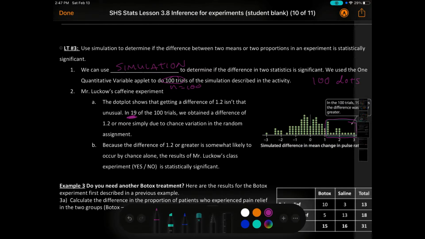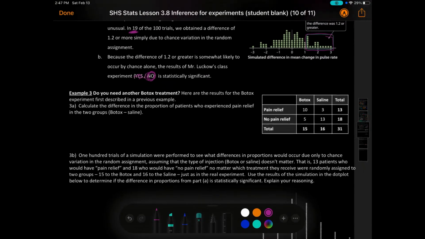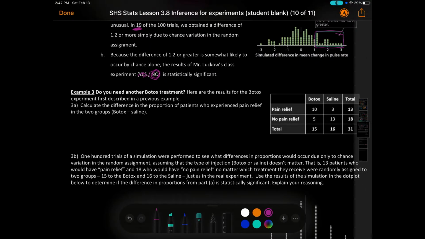Because a difference of 1.2 or greater is somewhat likely to occur by chance alone, the results in Mr. Lecow's class is not statistically significant. If you had like 30 or 40 or 50, that would be a lot more, but 19 is not a lot.